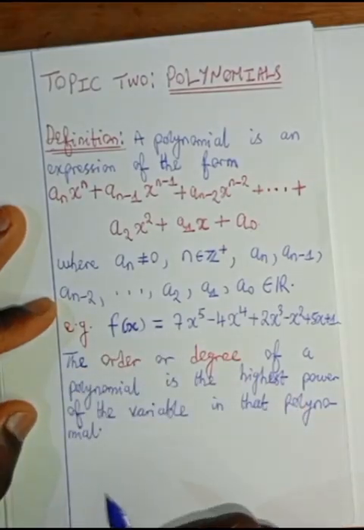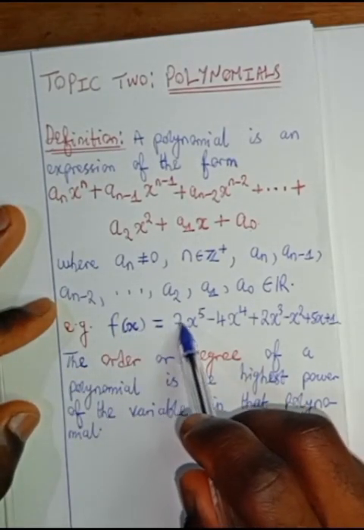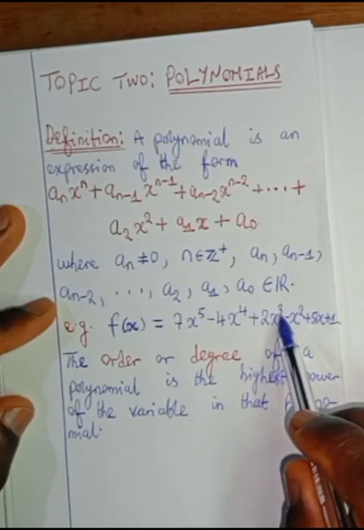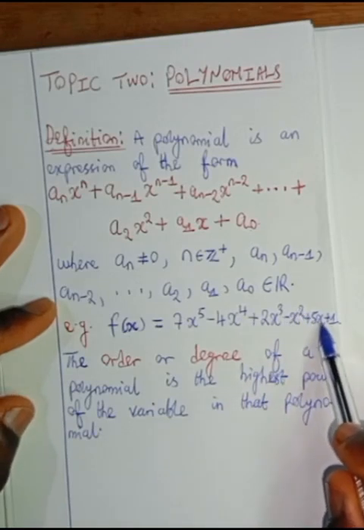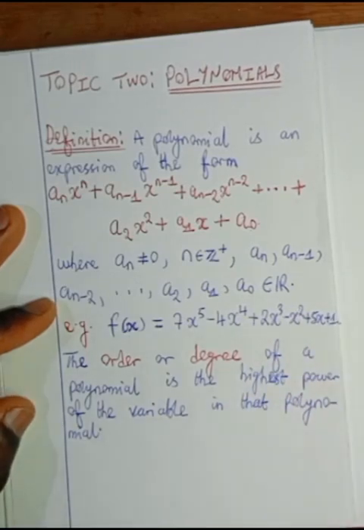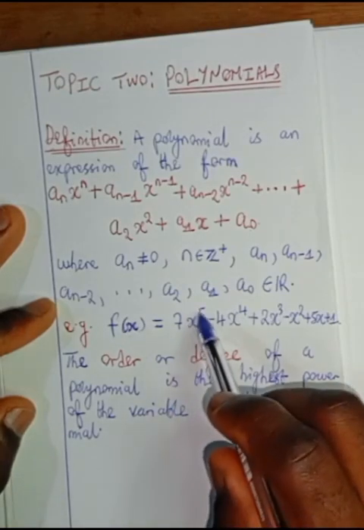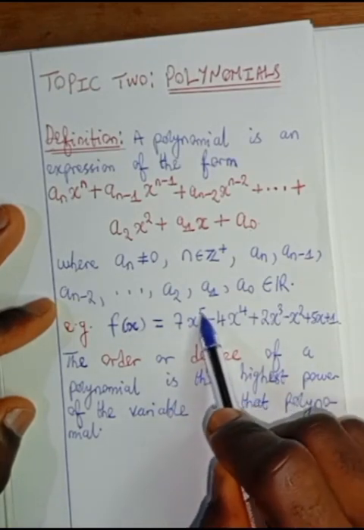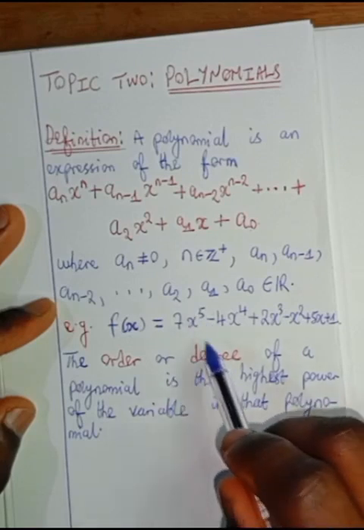Okay, for example, if we look at this polynomial f of x equals 7x to the power 5 minus 4x to the power 4 plus 2x cubed minus x squared plus 5x plus 1, the highest power of the variable x is 5. In this case, we are going to say this polynomial is of order or degree 5.